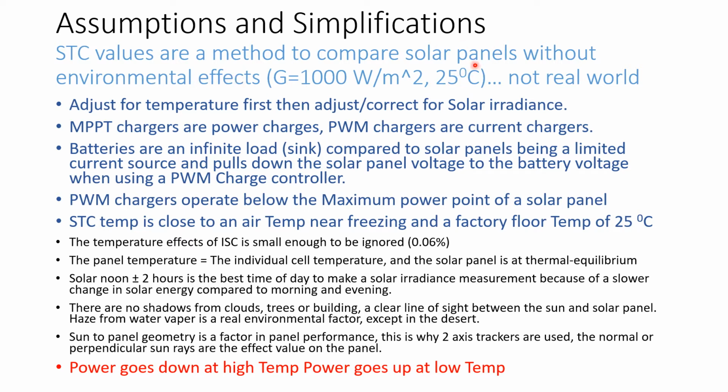Basically, they're going to give you operating parameters, the current, the voltage, the power, when you have 1,000 watts per meter squared shining on the panel and the panel temperature is 25 degrees C. Well, I don't know about you, but where I live, the solar irradiation could be a whole lot less than that, and the temperature of the panel could get a whole lot colder.